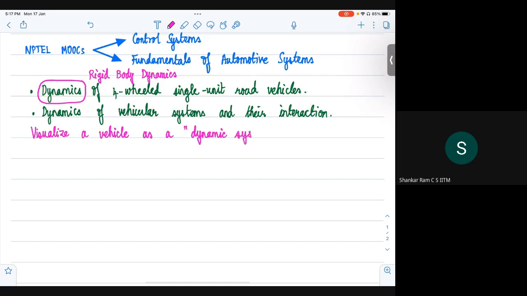So we are going to consider the vehicle as a dynamic system, and we will study its response, as part of this course on vehicle dynamic systems. Shortly, I will explain what a system is, what a dynamic system is, and so on.